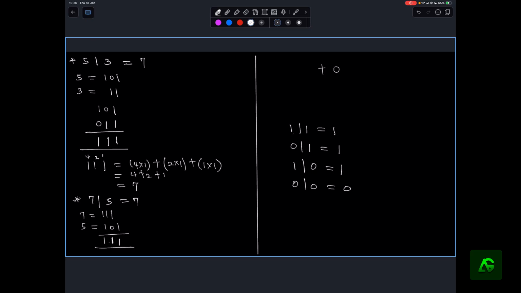If I have an element A plus 0, what are we expecting? A. Anytime a number is added to 0, the outcome will be the other number. So this one is the identity, or we call it the neutral element.